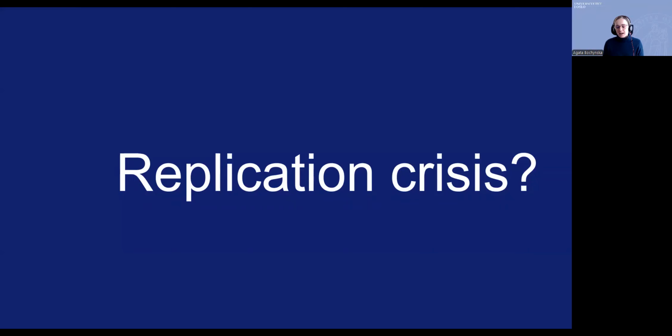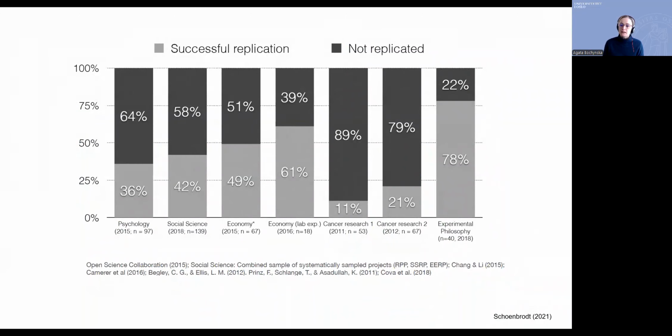Some say they would prefer to call it, for example, a credibility revolution, because there is some disagreement on whether it really is a crisis or whether it is an opportunity for us as researchers to self-reflect on our practices in research and to take a step forward to improve the situation that currently is in research.